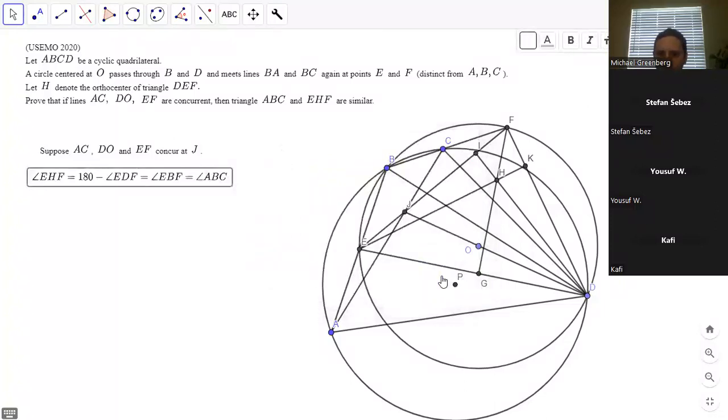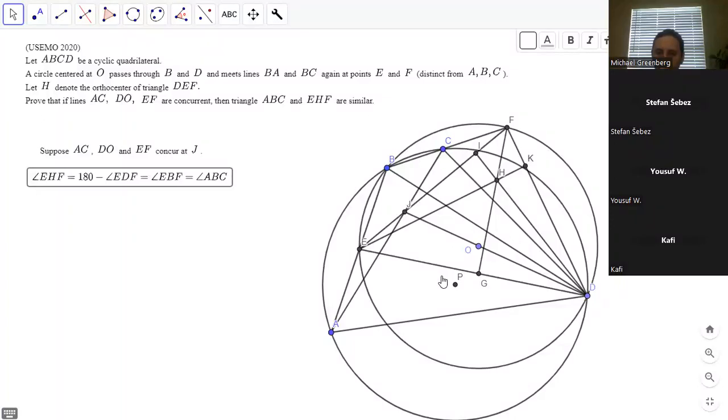And then the other one, how did we do this? I'm trying to remember. So DH and DO we know are isogonal. Oh wait, or not necessarily. Okay, so DE and DC we showed were isogonal by an angle chase, right? So let me do that angle chase. Yeah, it is really easy.